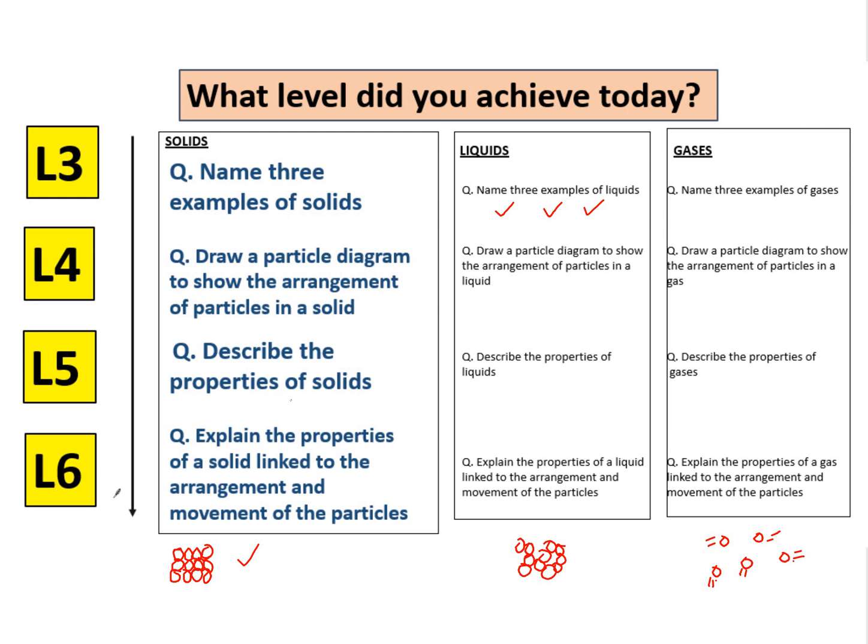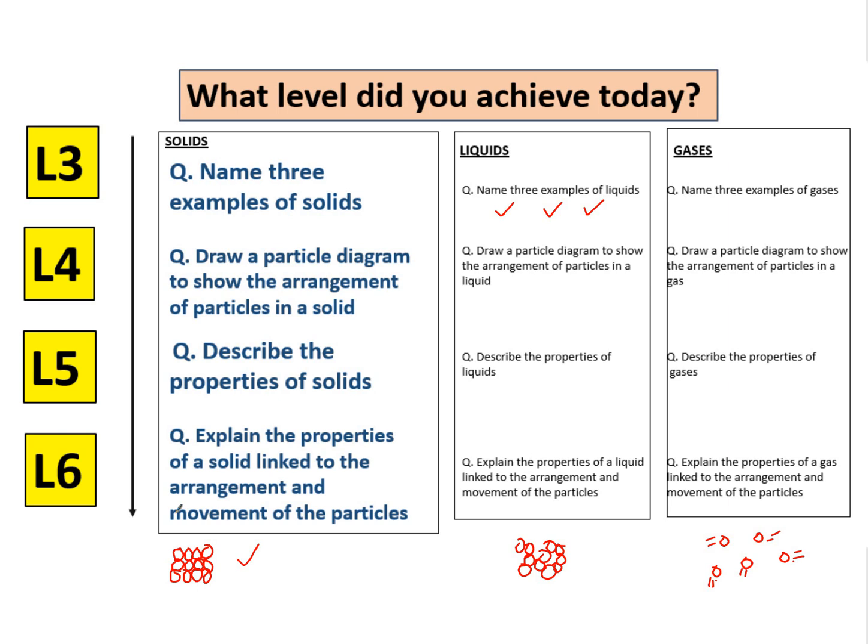And as I said, this hardest one, level 6, is about explaining these properties, how they're linked to the arrangement and movement of particles. So solids are quite hard, they're difficult to change their shape, they have a fixed volume because all the particles are packed closely together with tight bonds between them.